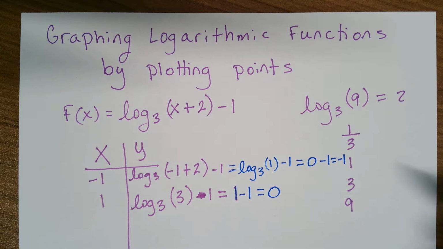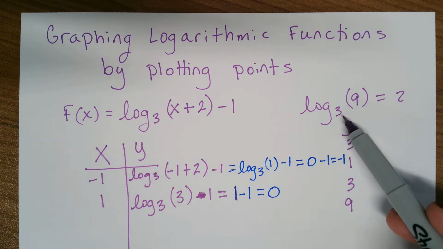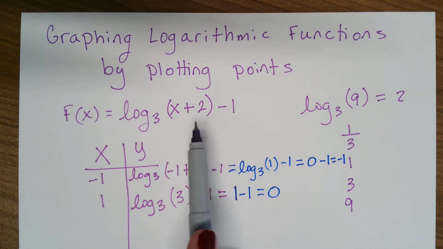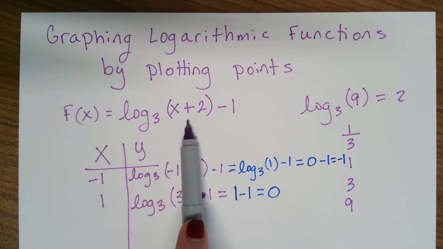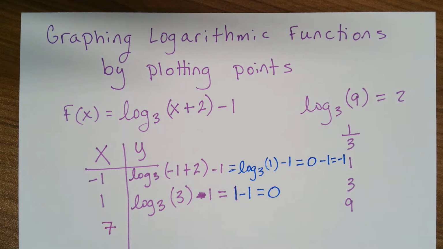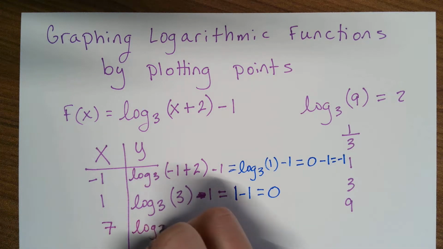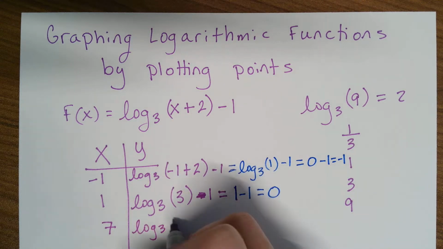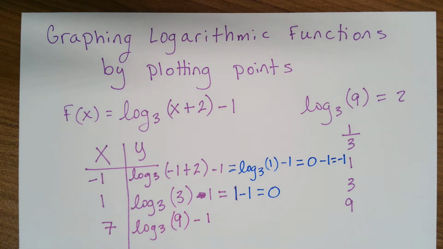So we'll keep going. 9 is a number that I can evaluate the log base 3 for. Again, I'll ask myself, what would my x value have to be so that the inside of my parentheses is equal to 9? In this case, it's 7. If I add 2 to 7, I do get 9. So plugging in 7, I would get log base 3 of 7 plus 2, which is 9, and then again I have to subtract 1.